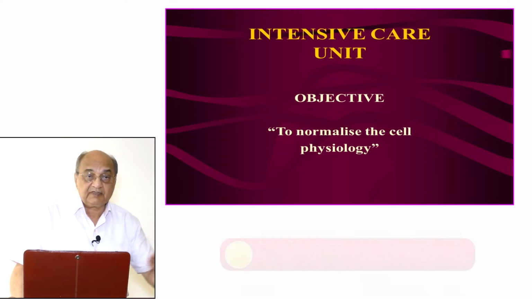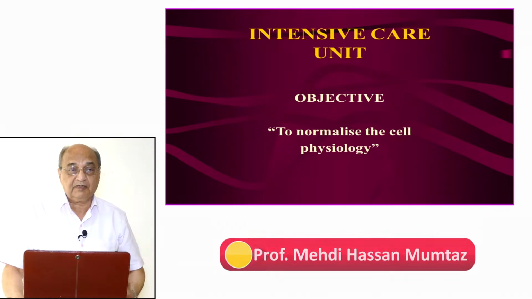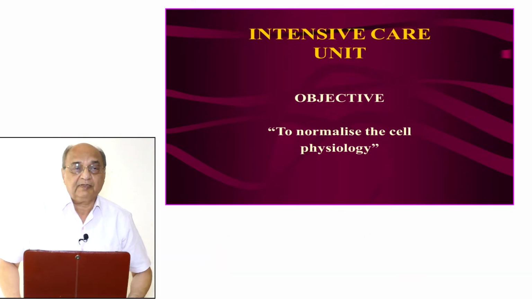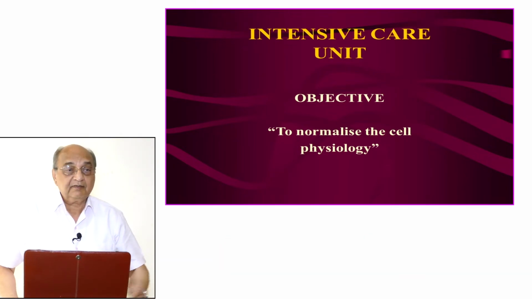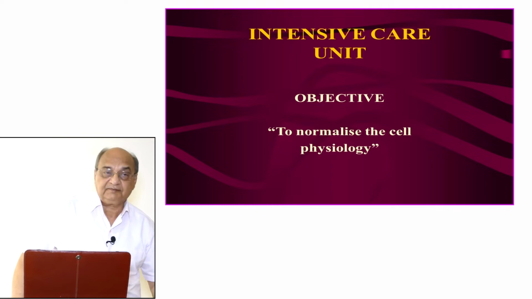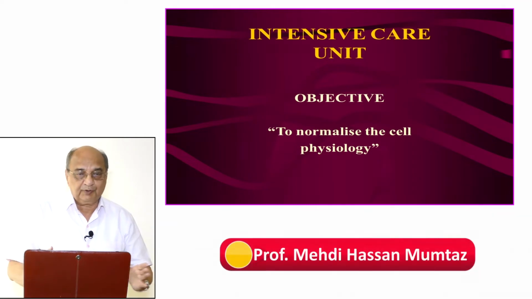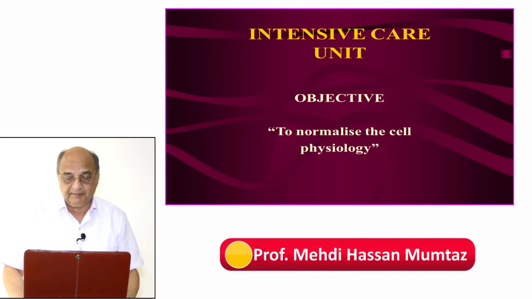They go in the same sequence. We cannot give nutrition to a patient who has not normalized electrolyte and acid-base balance, because the nutrition will not reach its target, which is the mitochondria. So it will all be wasted, or it will cause some metabolic problem also. So our objective is to normalize the cell physiology.